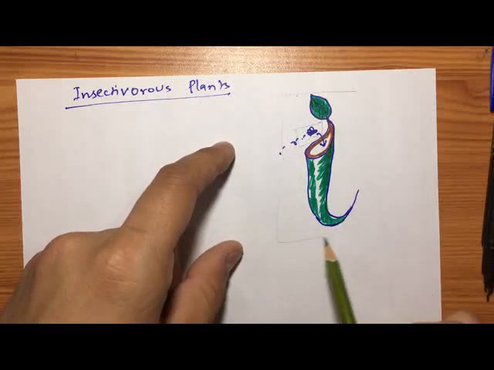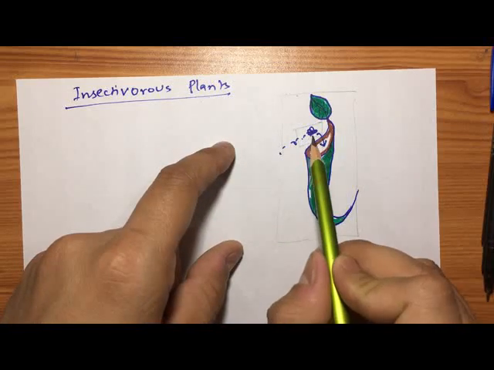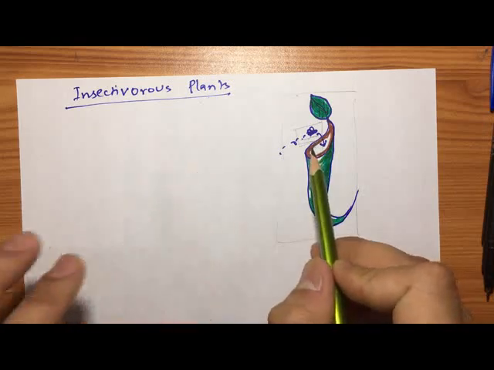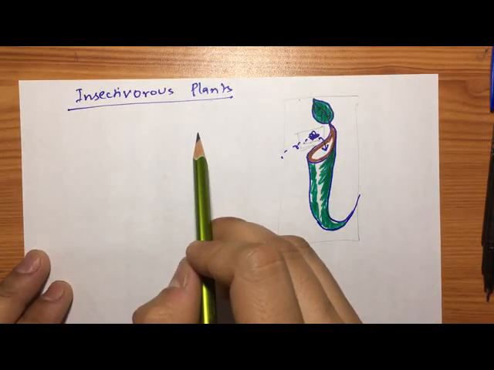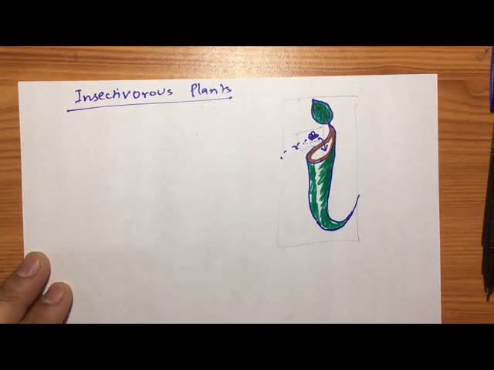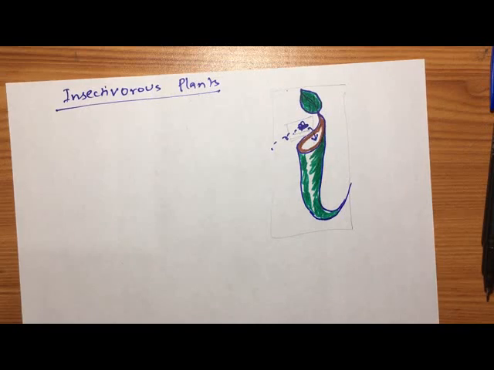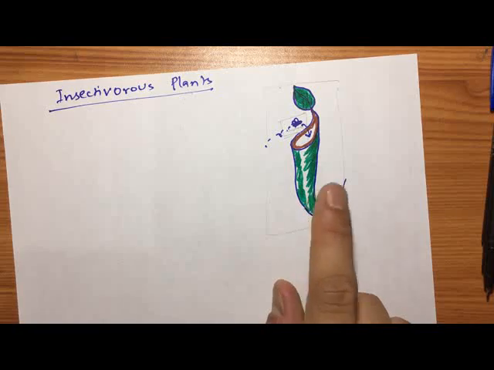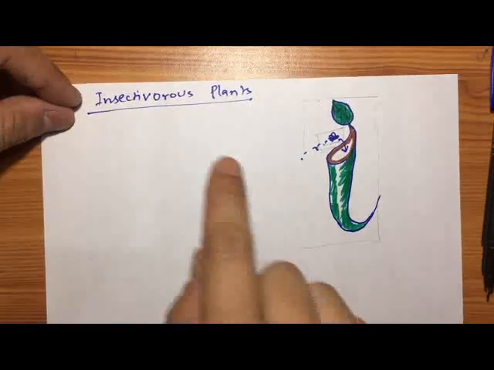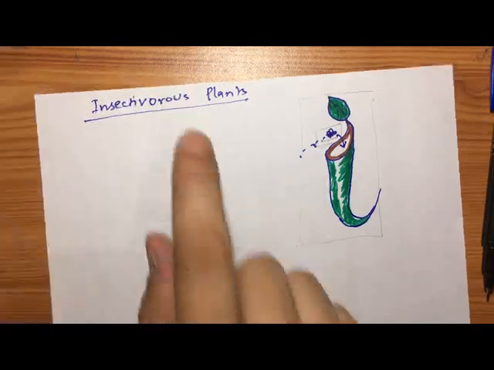Such plants which eat insects are called insectivorous plants. Okay, the plants which feed on insects are called insectivorous plants.